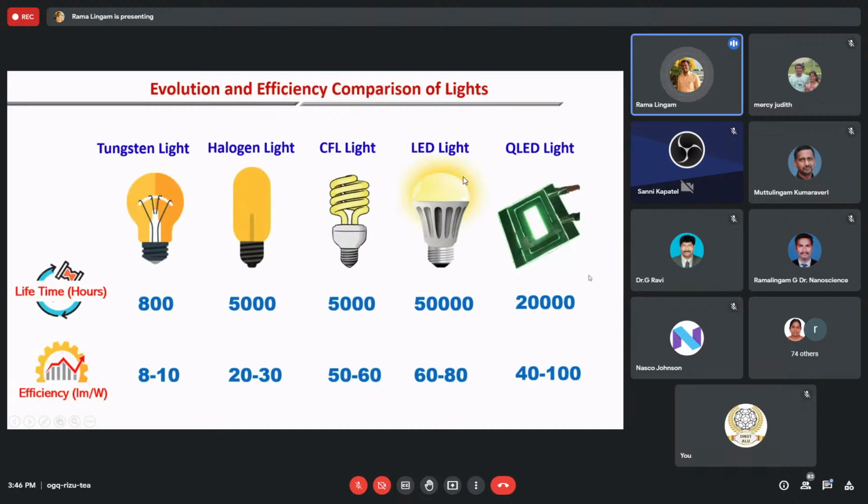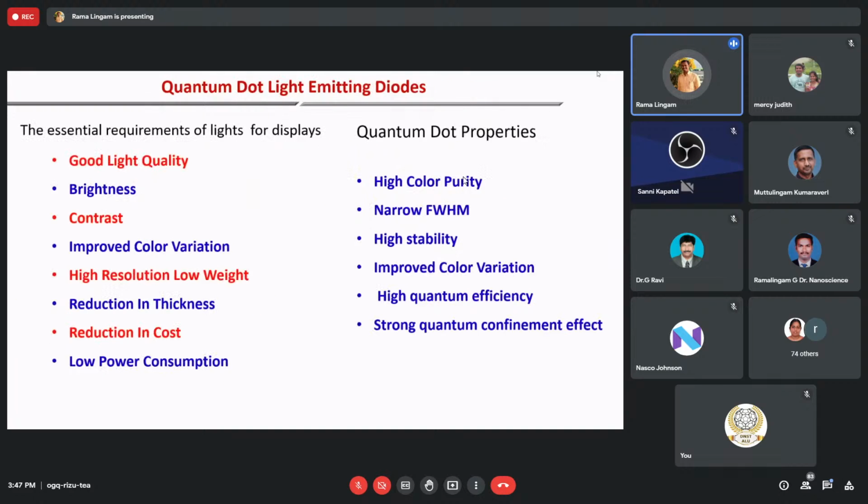With quantum dots, we can achieve an efficiency of 40 to 100%. So maximum efficiency: with less wattage we can get more power. That's the main idea involved in quantum technologies. Using this property, quantum dots are used in very different smart displays.